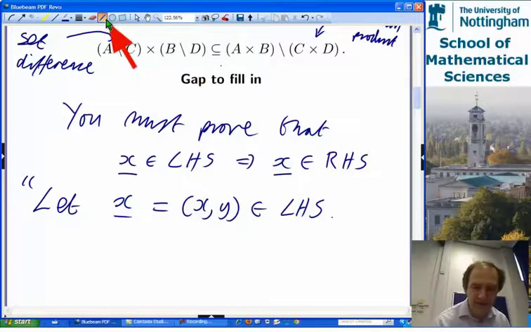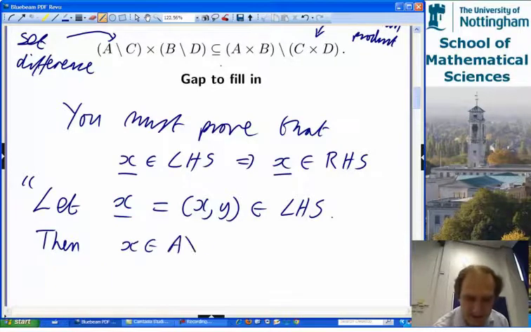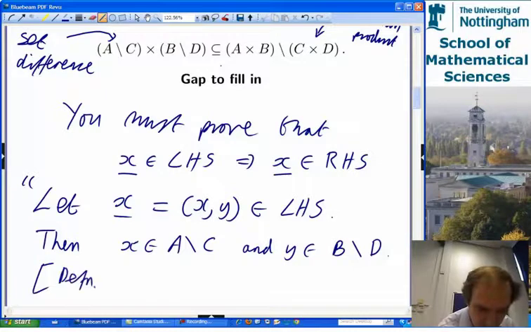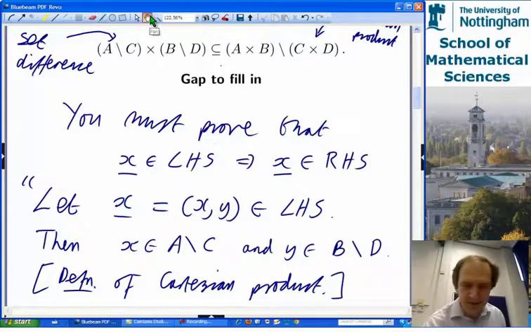In other words, x is in A take away C and y is in B take away D. That's just by definition of Cartesian product. This is optional, the bit in brackets, but it's a bit of extra additional information.